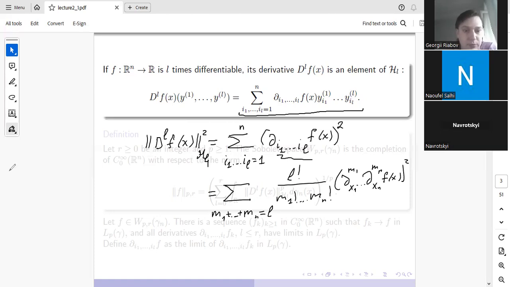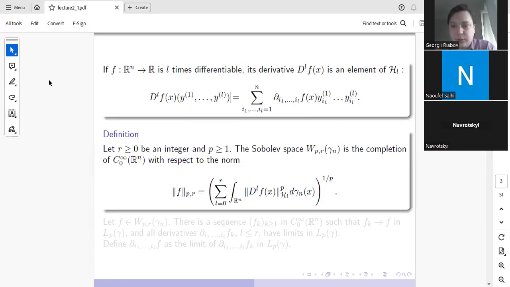And now let us define what the Sobolev space is. The Sobolev space with respect to the standard Gaussian measure is the completion of the space of infinitely differentiable functions with compact support with respect to the following norm.